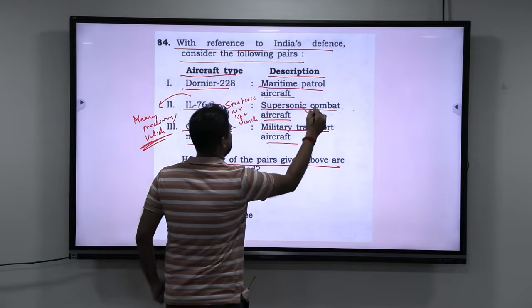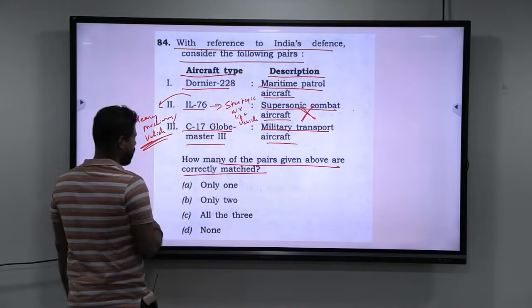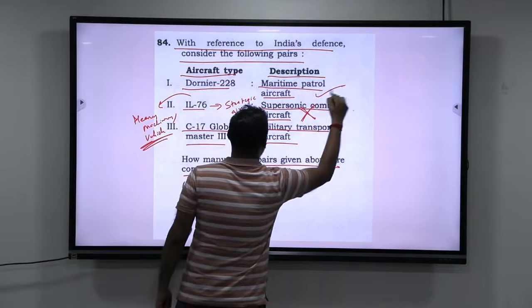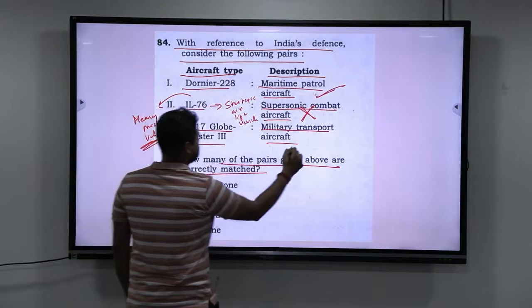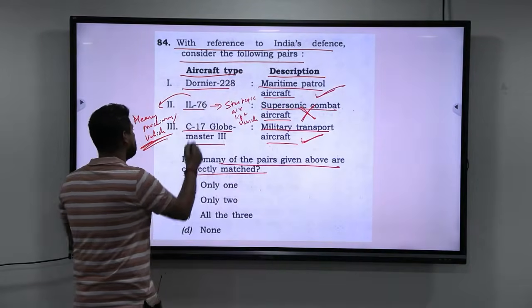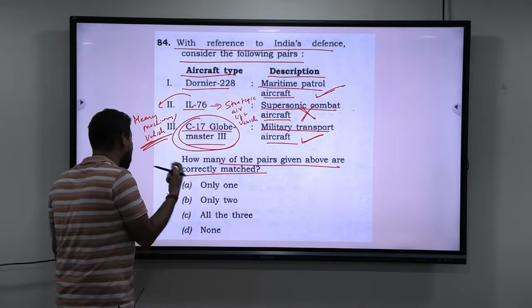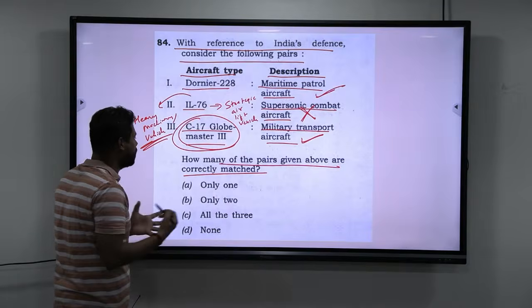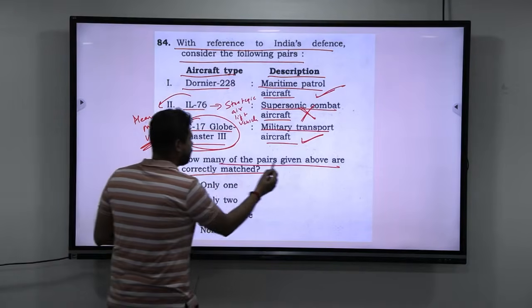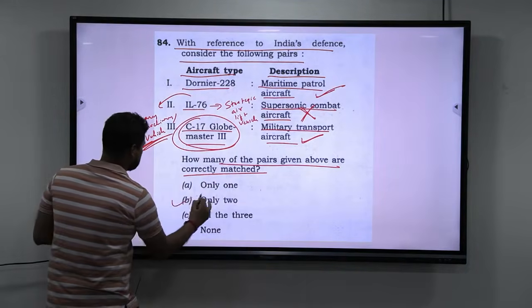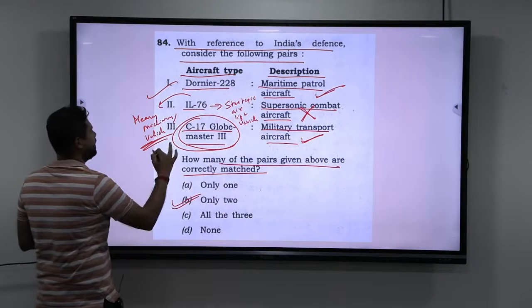So it is not a supersonic combat aircraft. So here 2 is wrong, and Dornier is a maritime patrol aircraft and C-17 Globemaster is a military transport aircraft. You would have heard the C-17 a lot, but these two are a little unheard of if you are not following the newspapers regularly. However, how many of the pairs given above are correctly matched? The answer is B, only 2, that is Dornier and C-17.